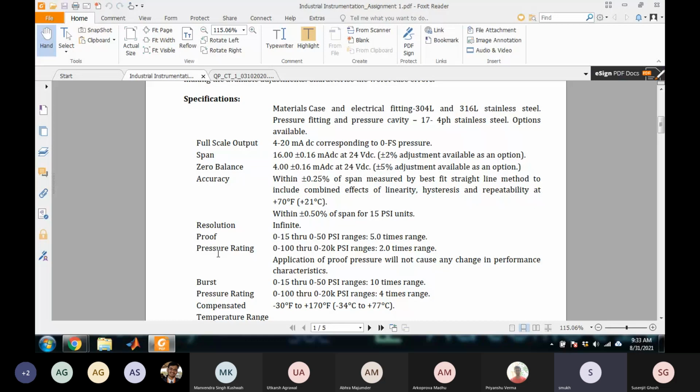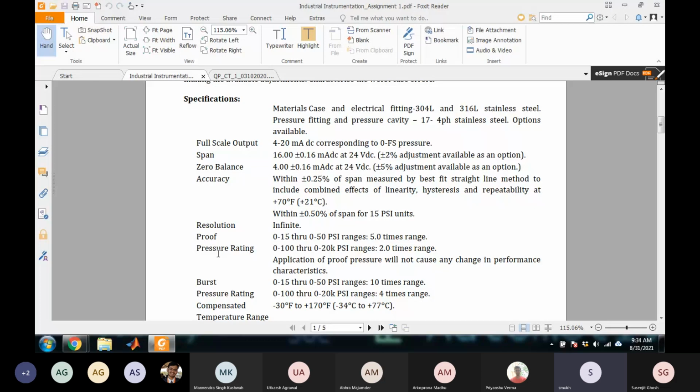What is 0.25% of span? 0.04. Yes, 0.04 milliampere is the accuracy specification, which includes the effect of everything.